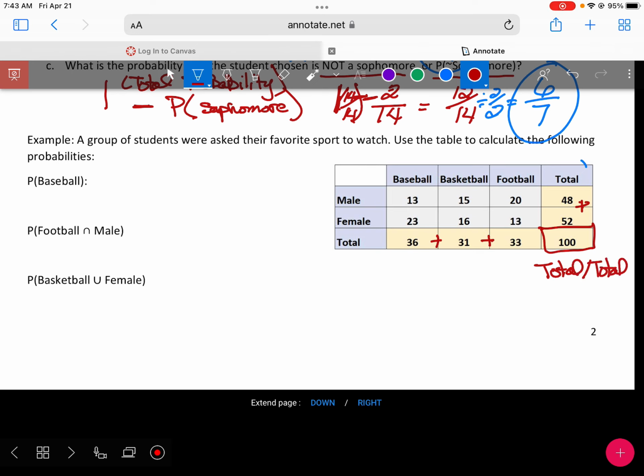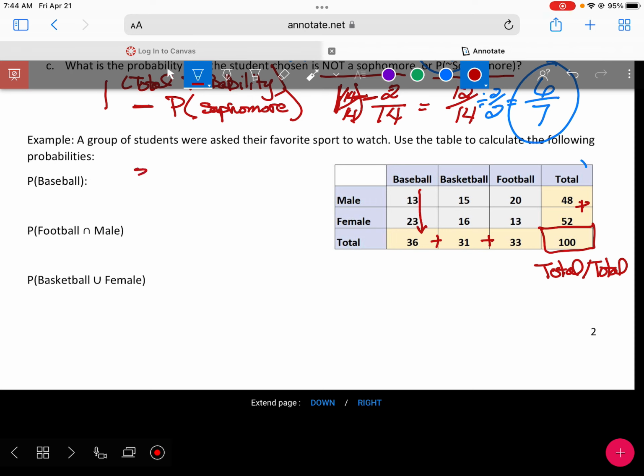Okay? All right, so let's take a look at this. The probability of those who said that baseball was their favorite sport. Well, here's baseball. What is that number who said baseball is their favorite sport? I've got to look at the total, right?